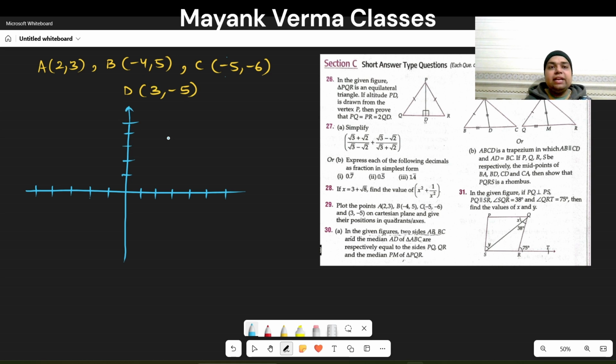And for the negative, again minus 5. 1, 2, 3, 4, 5. So this is x-axis, this is y-axis. Let's name 1, 2, 3, 4, 5, 6. Minus 1, minus 2, minus 3, minus 4, minus 5. 1, 2, 3, 4, 5. Minus 1, minus 2, minus 3, minus 4 and minus 5.